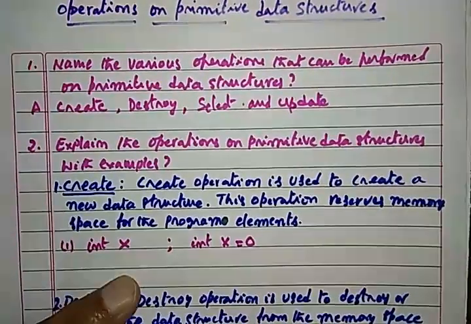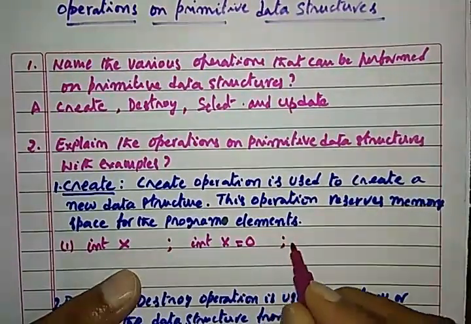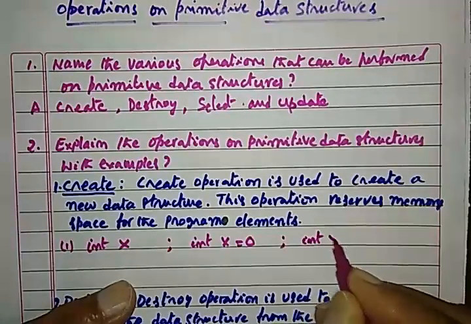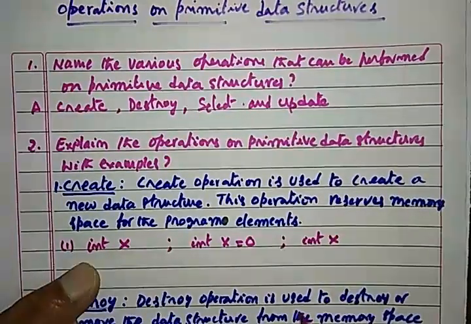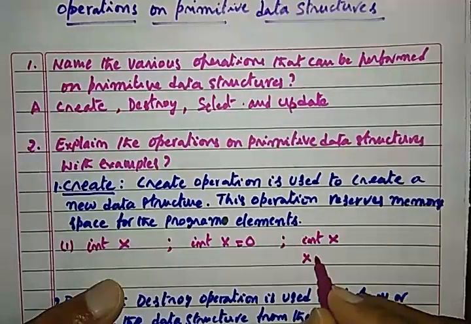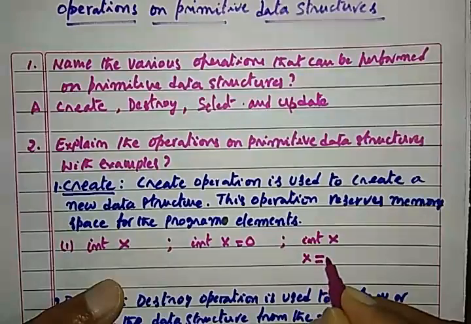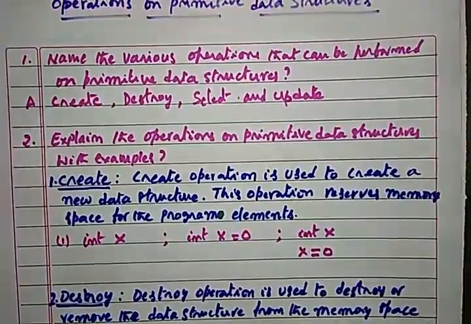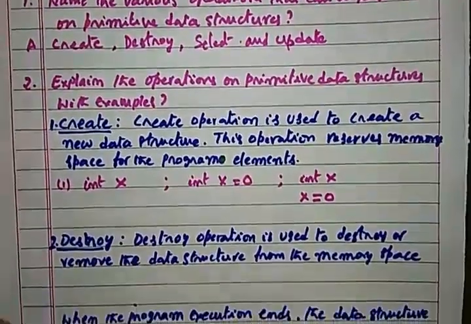It is also possible. Or I can write in a different way. This you can write, and below that you can specify the value for this. So this way you can create data. These things are required for your program. So you can create data like this.